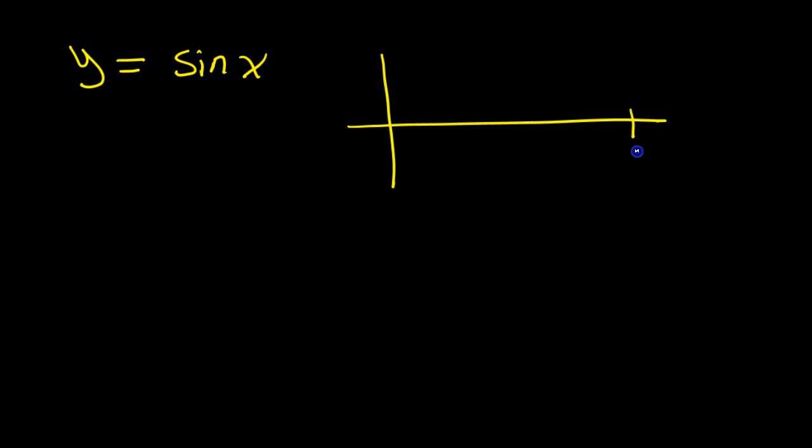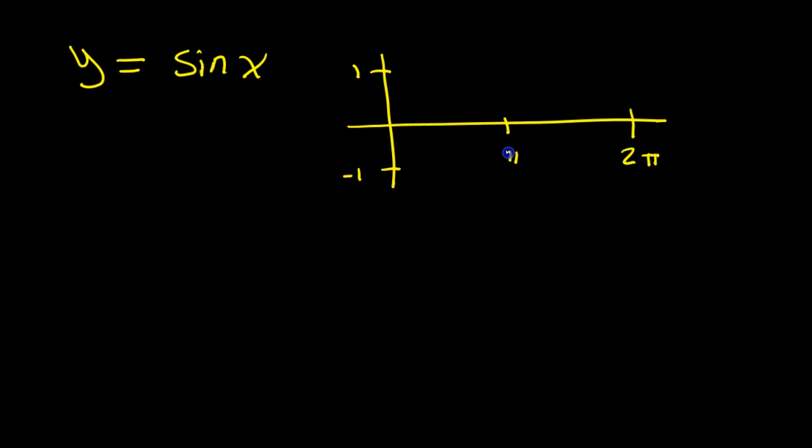Your basic sine function, y equals sine x, goes like this. Your basic sine function has a period of 2 pi. That means one repetition. It has an amplitude of 1, meaning it goes up to 1 and down to -1.